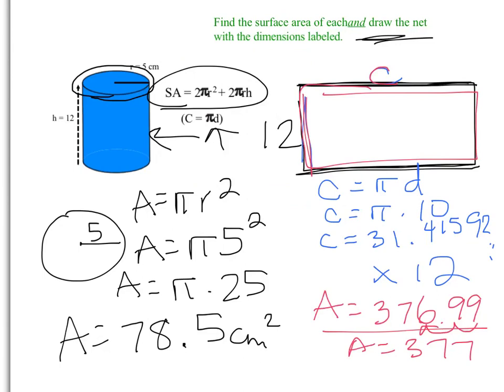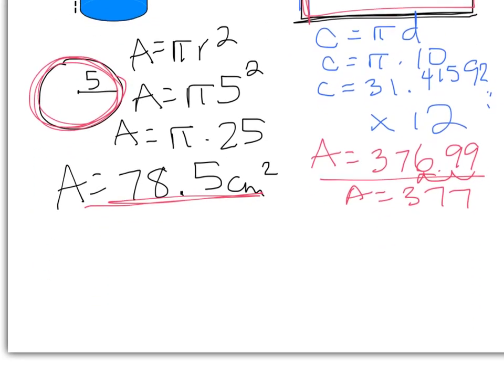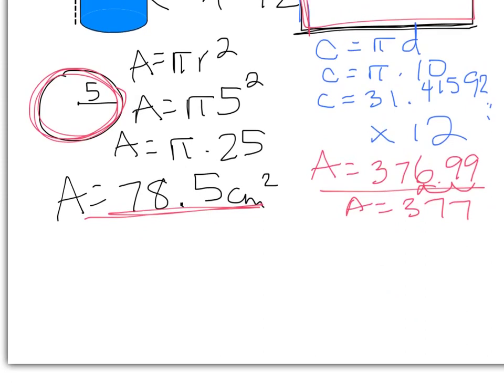And then let's go over here and look at my circle. Now remember, there's two of them. So this was the area of one. I need to find the area of two of them. So if I take this times 2, then I'm getting 157.